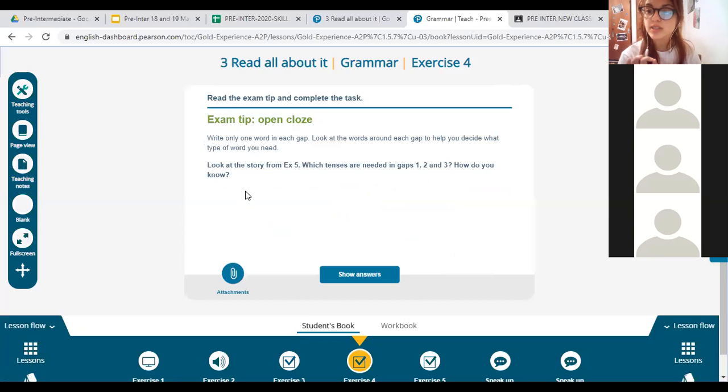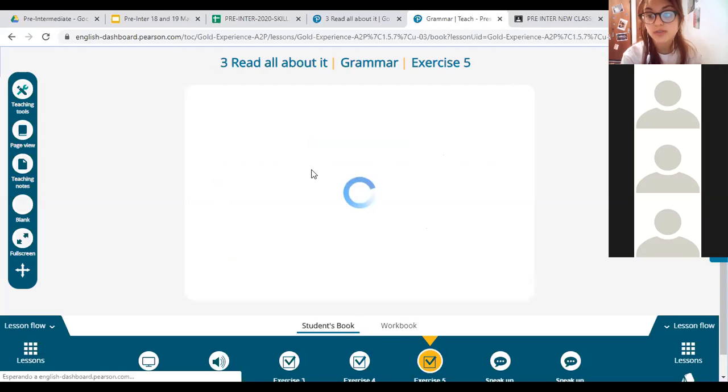The thing about this exercise is that you will have a gap in the text, a blank space, and you have to fill it with one word. You will not have any clues in brackets, or options to choose from. You have to decide from the context.